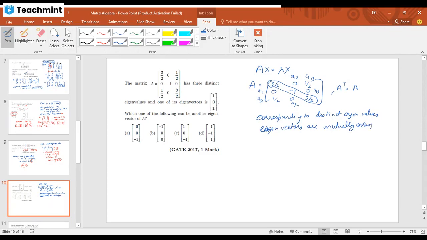What does it mean? It means that x1 transpose x2 is equal to 0. So we simply try to identify the vector whose dot product is 0.